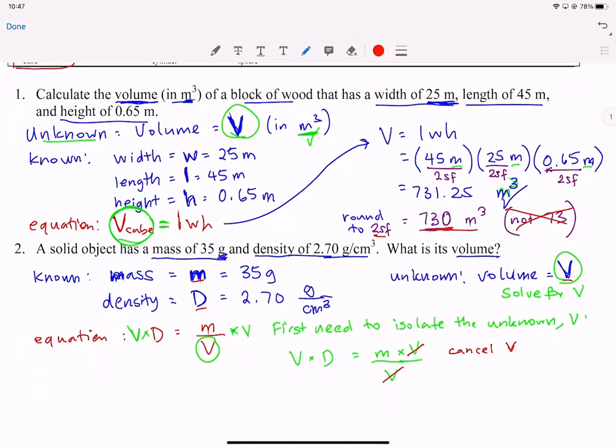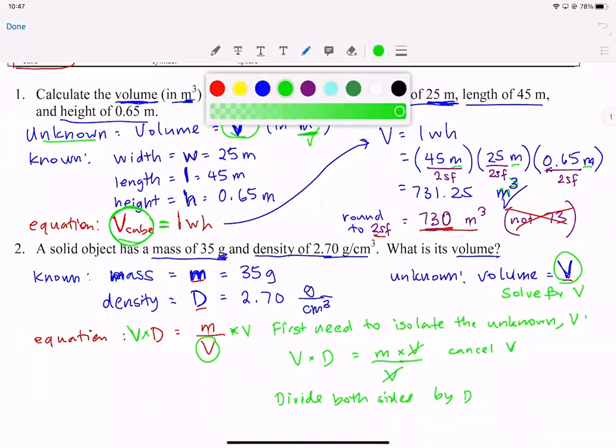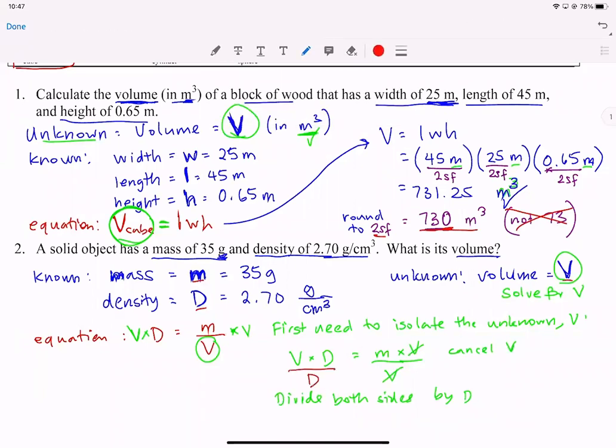Okay, so that's first. We're still trying to isolate V. So then I want to divide by, or hold on, let me do this in the green that I had. I'm going to divide both sides by D. Why? Because I'm trying to get rid of the D that is next to this. So I want to divide both sides by D. Okay.